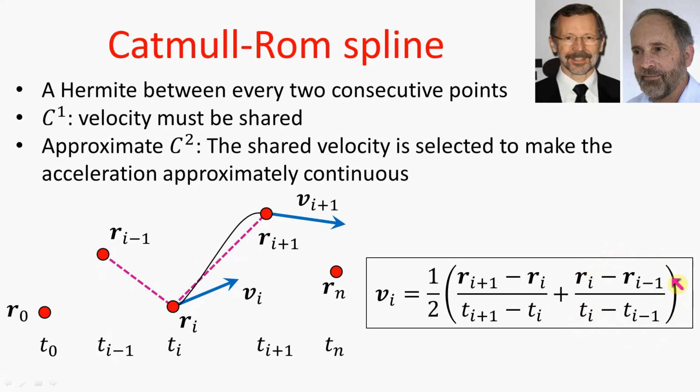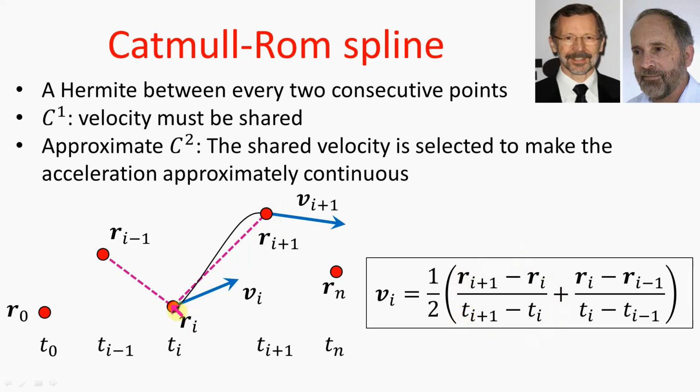This fraction is just the velocity of the uniform motion here. Similarly, if we had a uniform motion between control points Ri and Ri plus 1, the velocity vector of that uniform motion would be here.